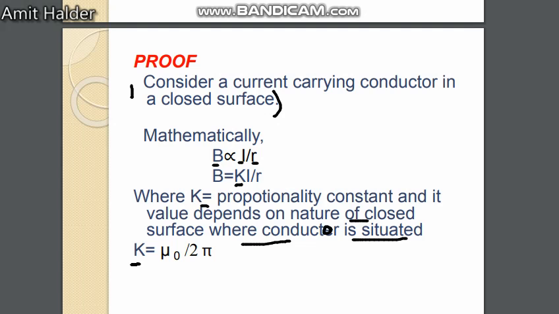So K is equal to mu naught divided by 2 pi. That is found experimentally, and we get this value for the proportionality constant: mu naught divided by 2 pi.